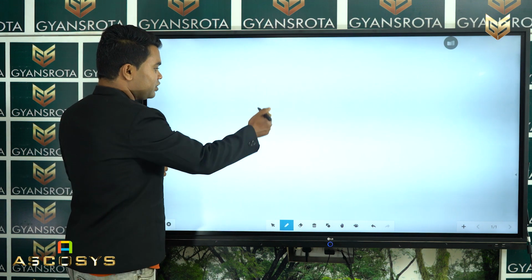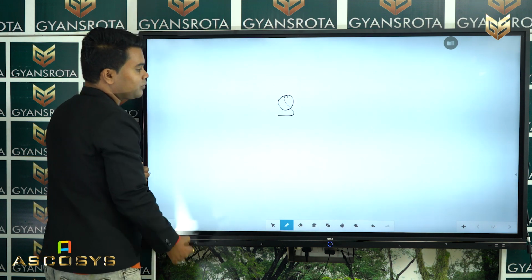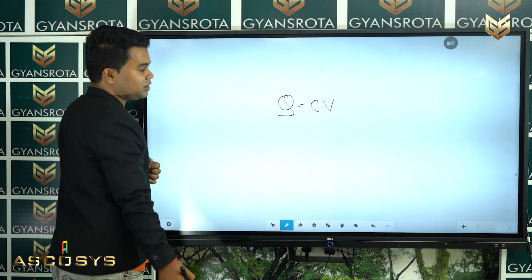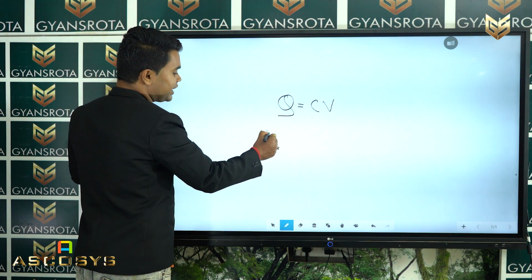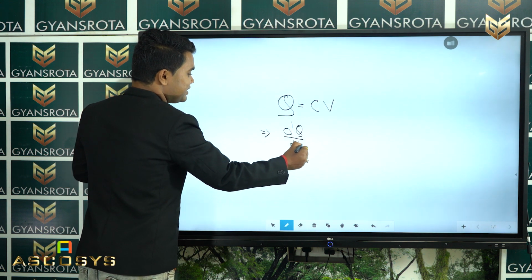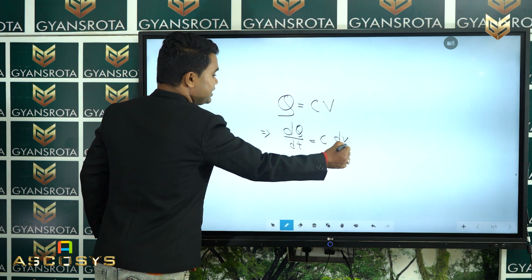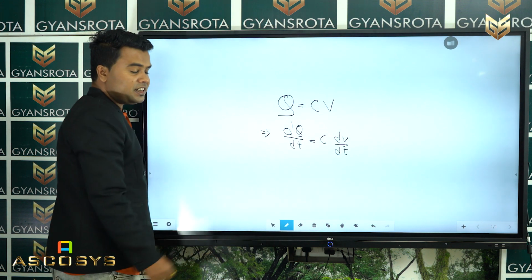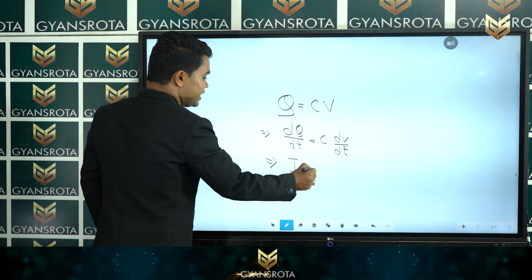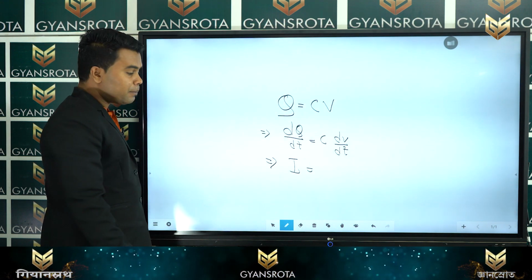We know the charge in a capacitor is given by Q is equal to C multiplied with V. Now differentiating both sides, I can get dq by dt is equal to C, being constant, dV by dt, right? So dq by dt is your current I, and C is given in the question, that is the constant, how much? 20 microfarad.